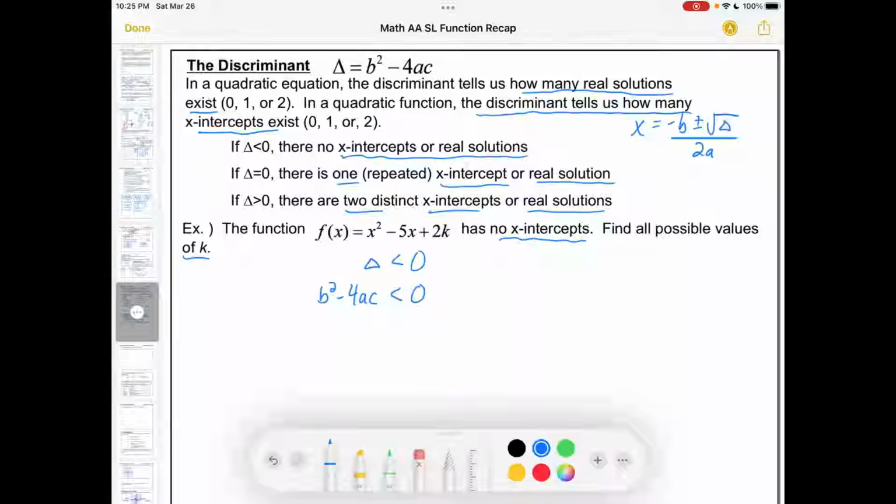So b squared, that would be negative 5 all squared, minus 4 times a, which is 1, and c is this value right here, 2k. So it's fishy also because it has an extra variable in there. So 25 minus 8k is less than 0, or negative 8k is less than negative 25.